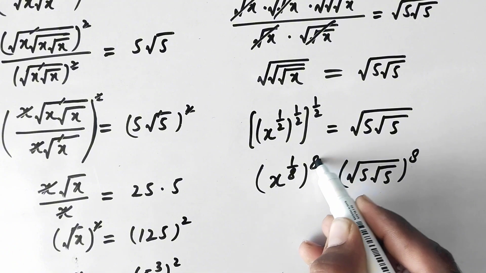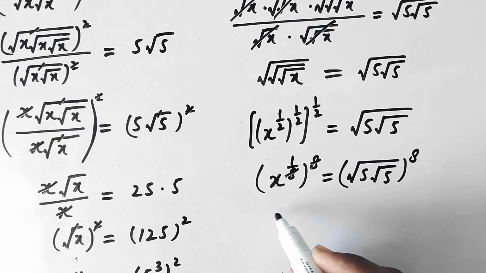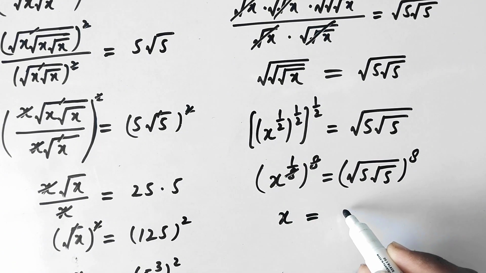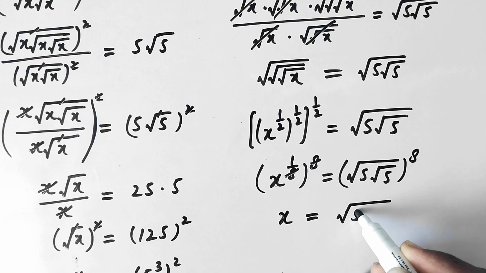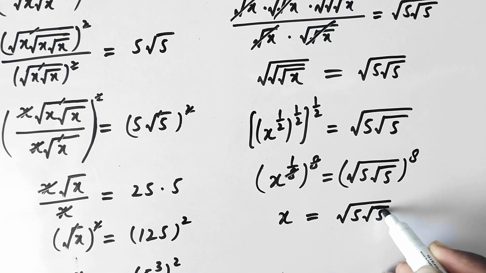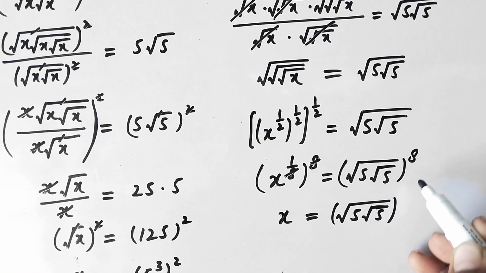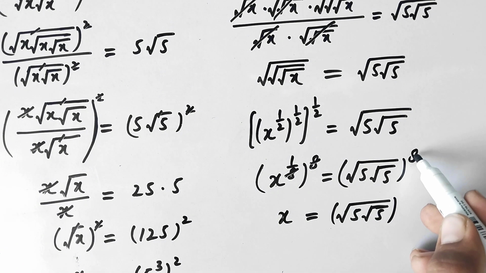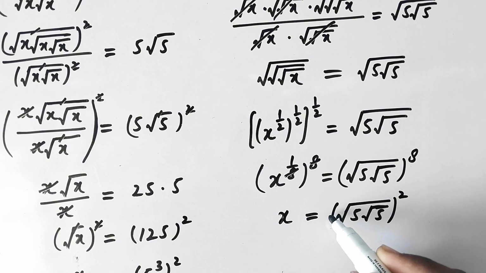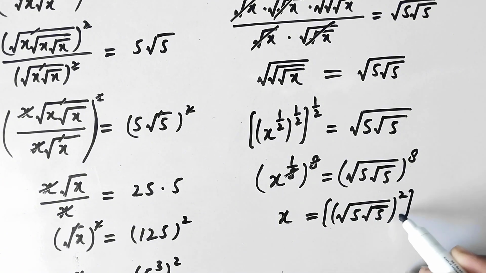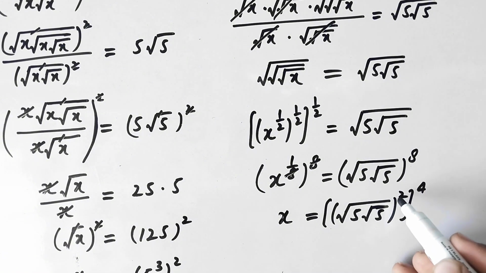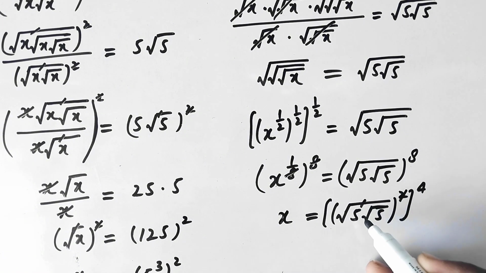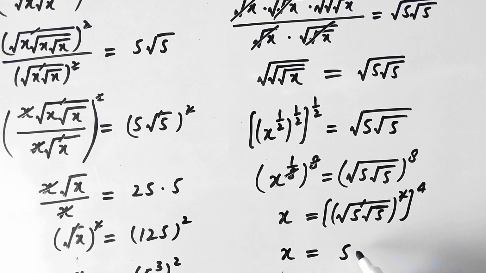So now this 8 will cancel out this 8, and here will be x equal to square root of 5 times square root of 5 to power, we will split this 8 in this way. Here will be power square to whole power 4, so that this square will cancel out this square root, and here we will get x equal to 5 times square root of 5 to power 4.